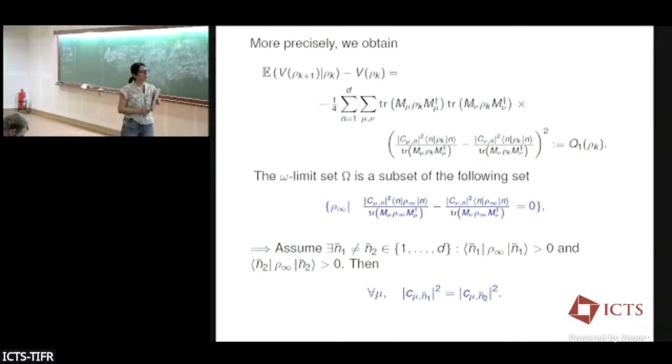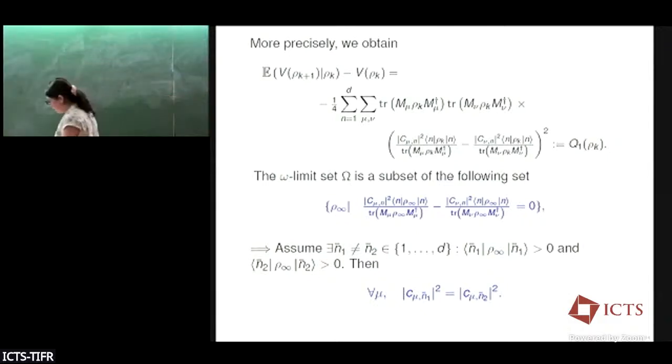In fact, suppose that you have two different. Sorry, I think I missed something here in the slides. I will write. So if you look at the 0, you have trace of mu rho infinity mu dag.